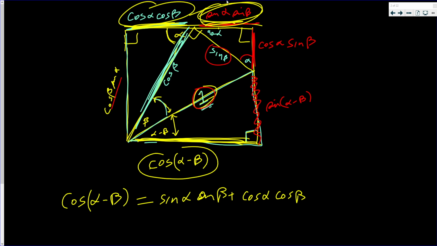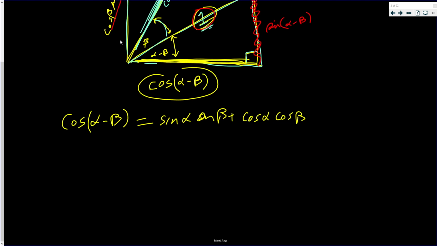I also proved in another video that the sine of negative t is negative sine t. That is, the minus comes in front, and cosine of negative t is just cosine of t. It doesn't care about negative or not.